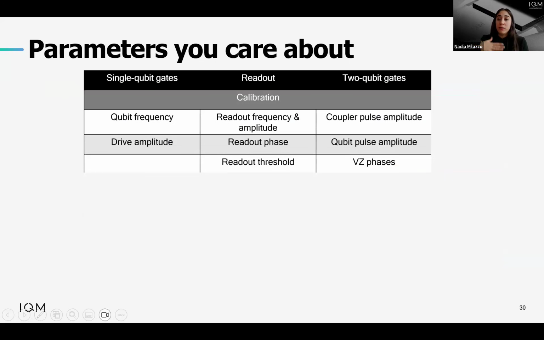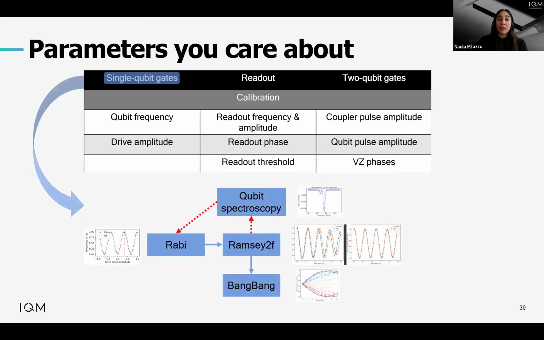Okay, and for each operation in your circuit, there are different parameters that you could care about. For example, for the single qubit gate, finding the frequency is only one of those. But then you have many other experiments that you run in this recalibration to make sure that your qubits are always up and running at their best.